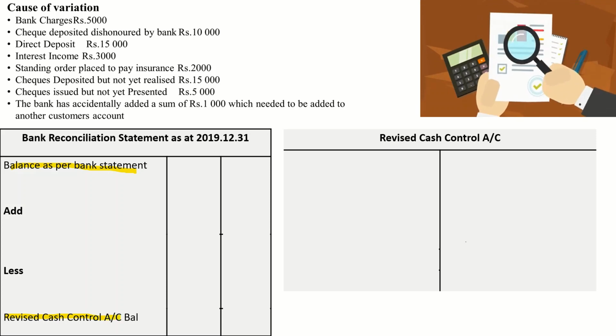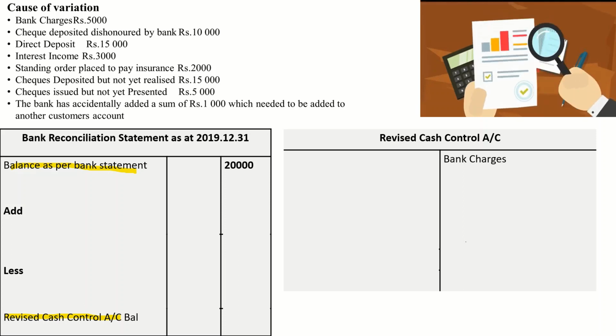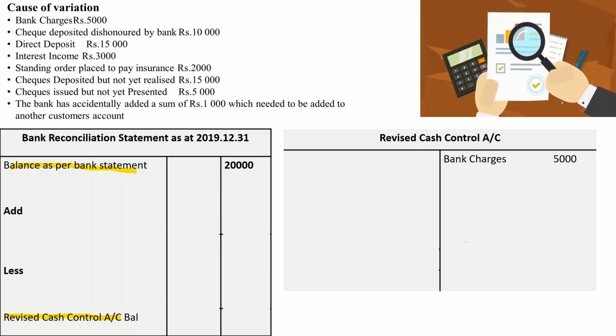So first you need to record the balance as per the bank statement in the reconciliation statement, which is rupees 20,000, and then the bank charges 5,000, so credit revised cash control account 5,000. Then check deposited rupees 10,000 and then dishonored, so credit revised cash control account rupees 10,000. Here you need to credit it because this is a check we deposited, so at the time of deposit we would have debited.